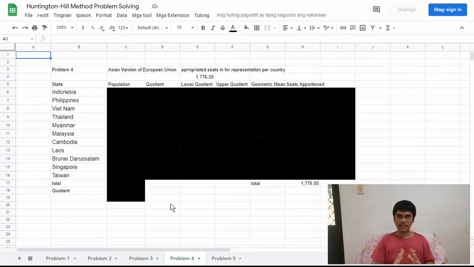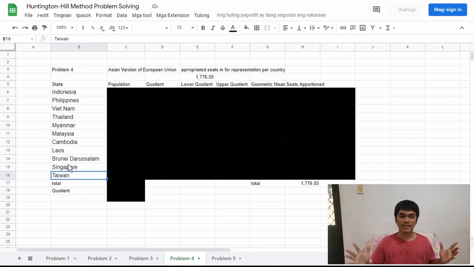So this is another interesting simulation. So imagine Asia has its own European Union. Basically, what I did here is add all the populations of the ASEAN countries plus a country.